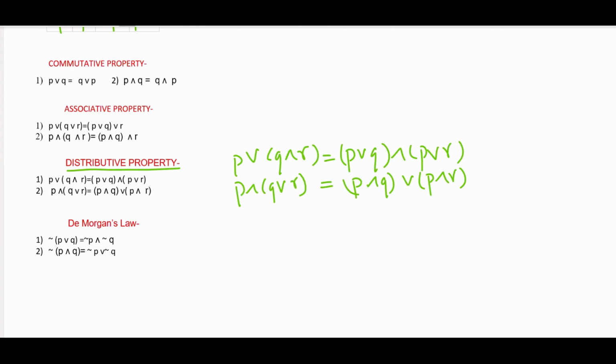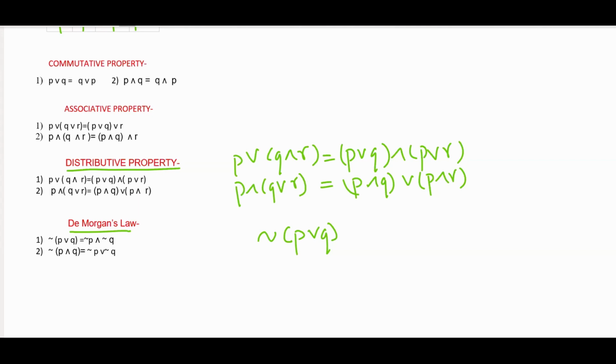Now this is again a very important property. What is it? De Morgan's law. You must have read it in the earlier chapter. What is De Morgan's? Just open the bracket. Negation of union is intersection and negation of intersection is union.